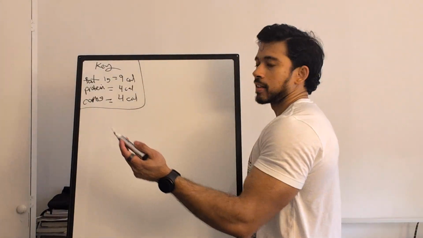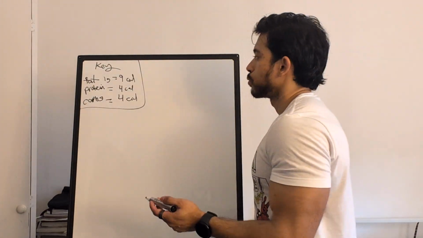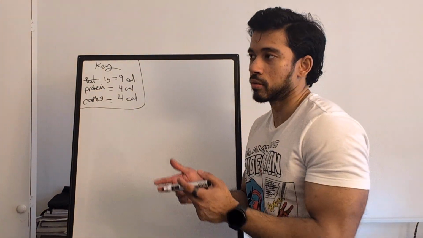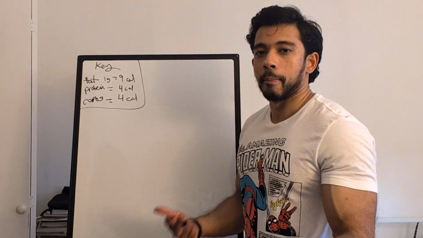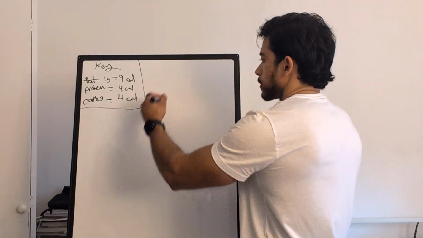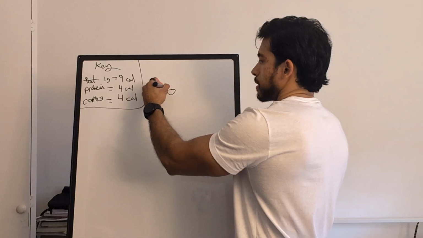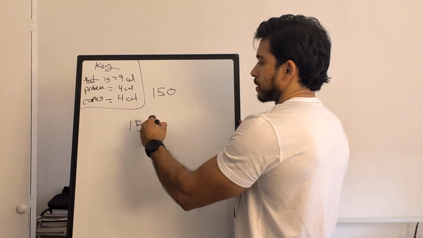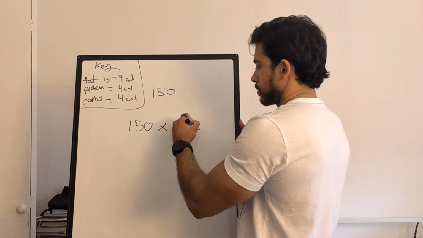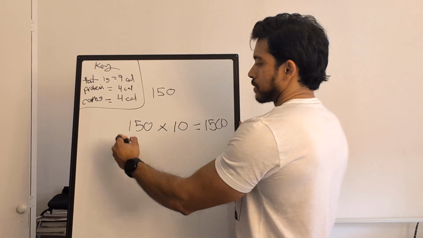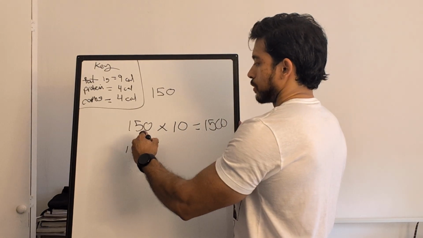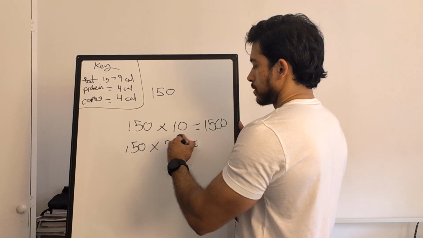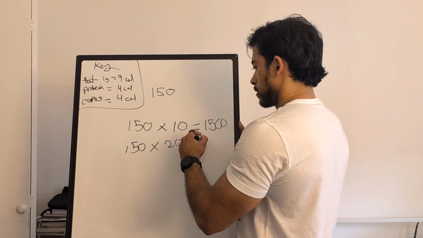So, let's say we are trying to figure out how many calories we're supposed to eat at maintenance based off of our weight, right? So let's say I weigh 150 pounds. Good rule of thumb is you take your body weight. If you're trying to lose weight, you eat times 10, so 1,500 calories. If you're trying to gain, you eat times 20, right?